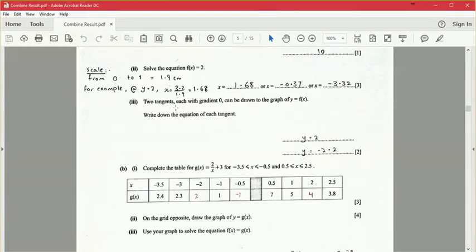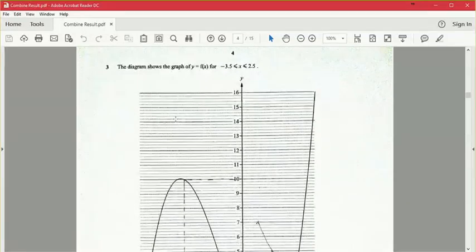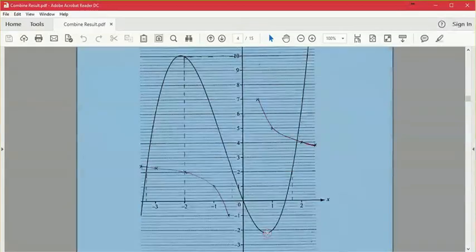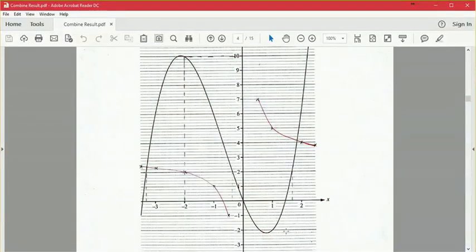Then he says that 2 tangents, each with gradient 0, can be drawn to the graph of y equals f of x. Write down the equation of each tangent. We can draw a tangent here. If we draw a tangent here, it will have a gradient of 0, and here too, because the gradient at this point is 0.